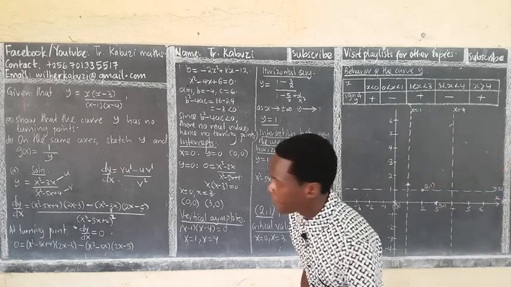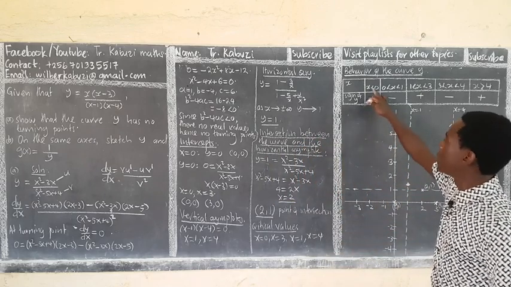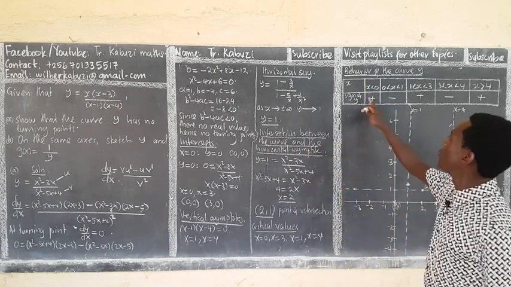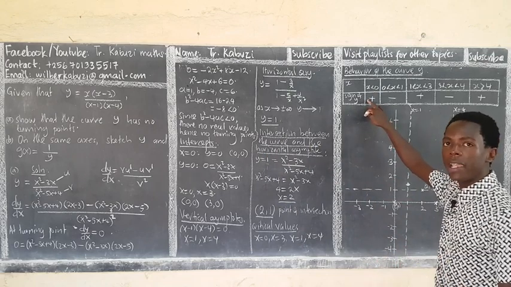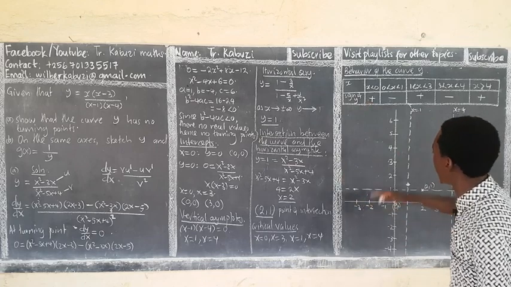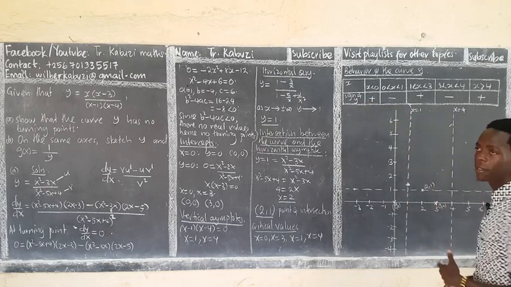So now to draw the curve, I start by saying below 0 means y is positive. Where do we find the positive values of y? Above the x-axis. That's what these signs mean.